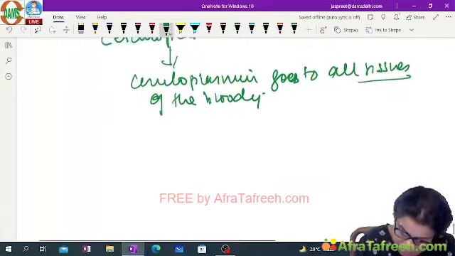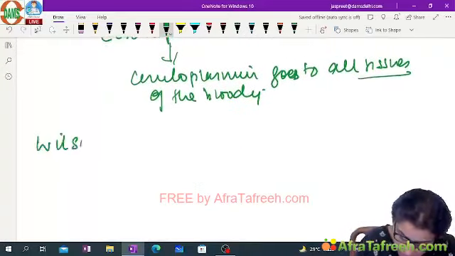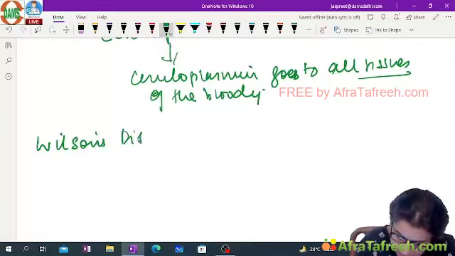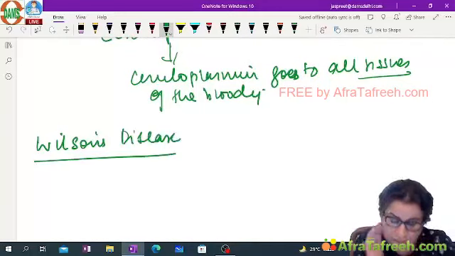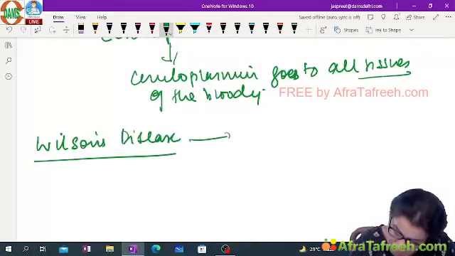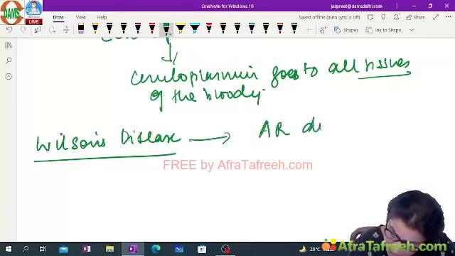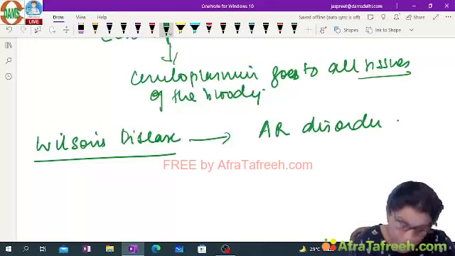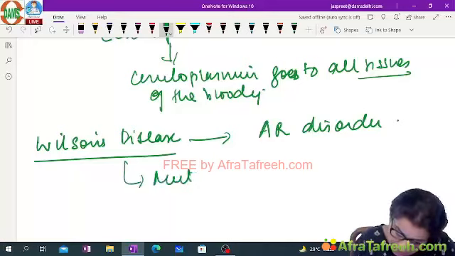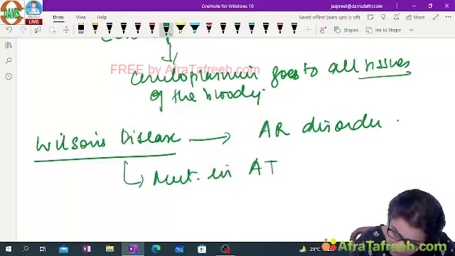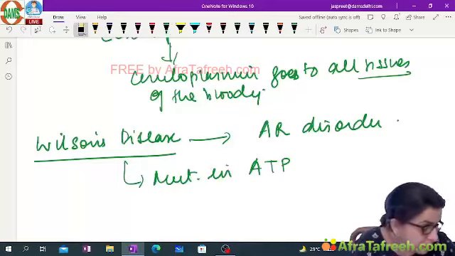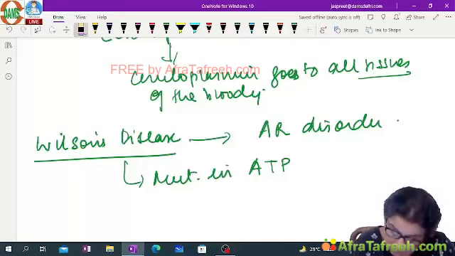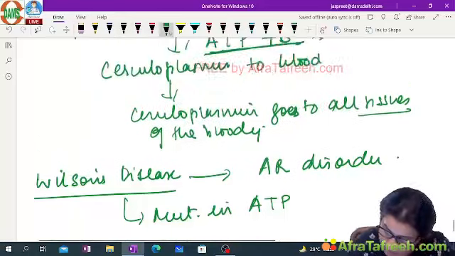Okay, with this background, let us come to Wilson's disease. What happens in Wilson's disease? Number one, it is an autosomal recessive disorder where there is a mutation in the ATP7B gene.